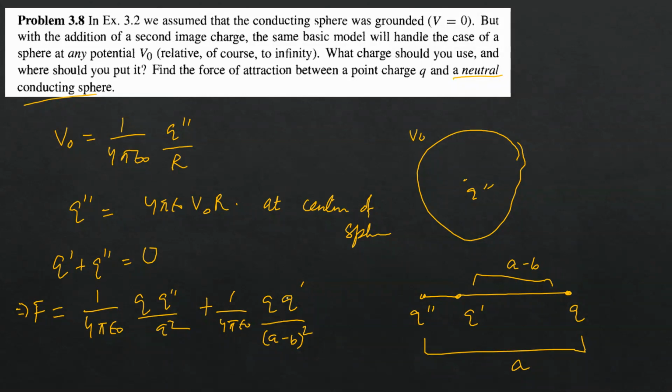If we simplify it a bit, see, your q dash plus q double dash is equal to 0, right? So q double dash I can write as minus q dash, isn't it?